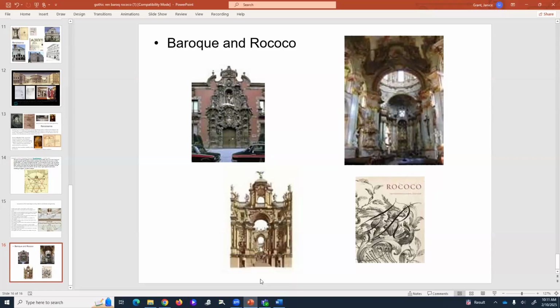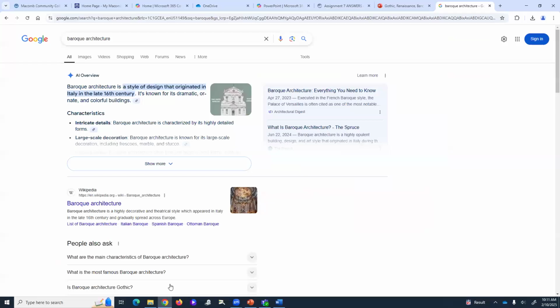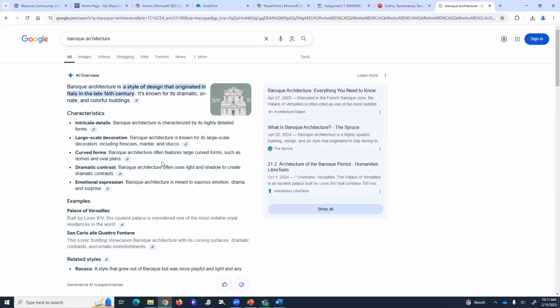And I think I pulled out a really nice saying about it being decorative and beautiful. You can read here some of the detailing, including marble and stucco, domes and oval plans, light and shadow.